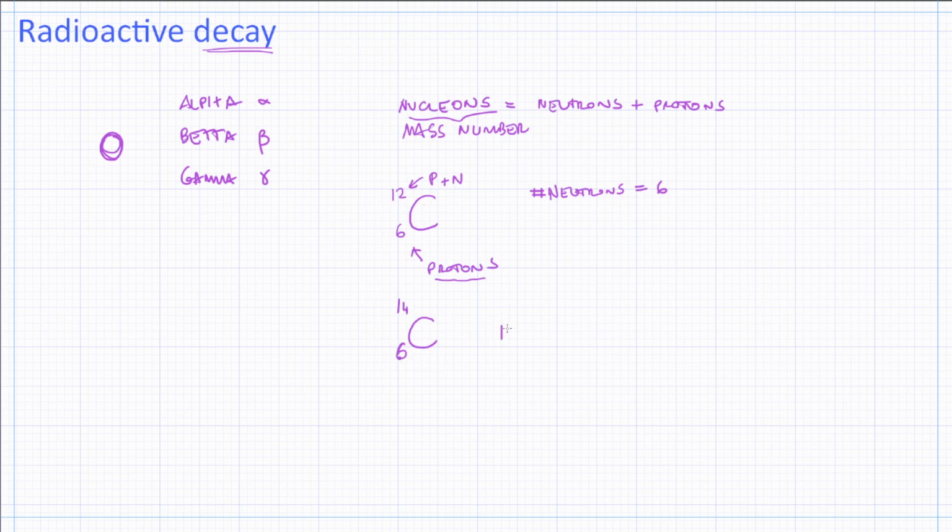However, there are more neutrons now. So there are 8 neutrons. So it's a different number of neutrons. And this is not stable. So this carbon will want to drop, right? It will want to lose some of those neutrons. It wants to get rid of them and to become more stable.